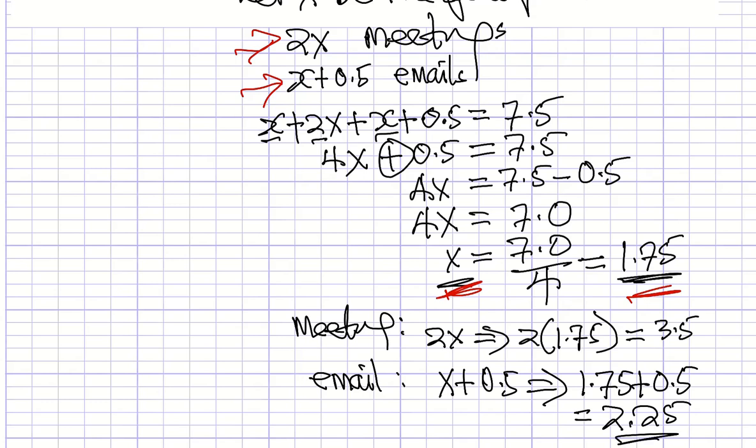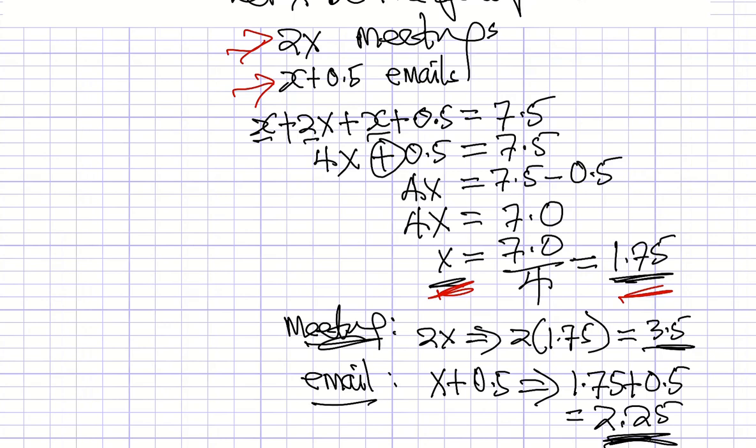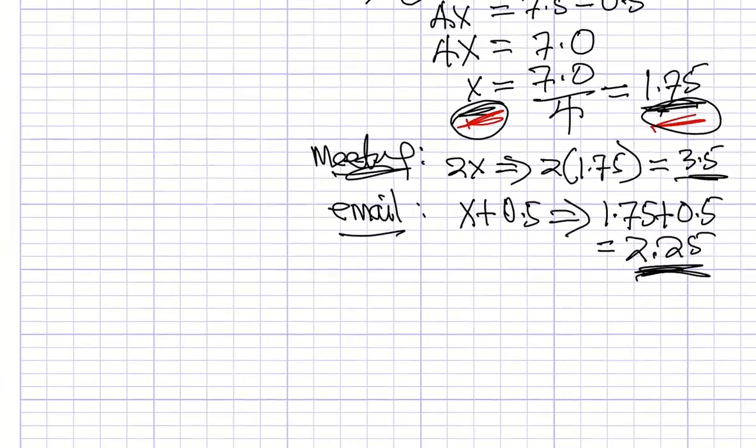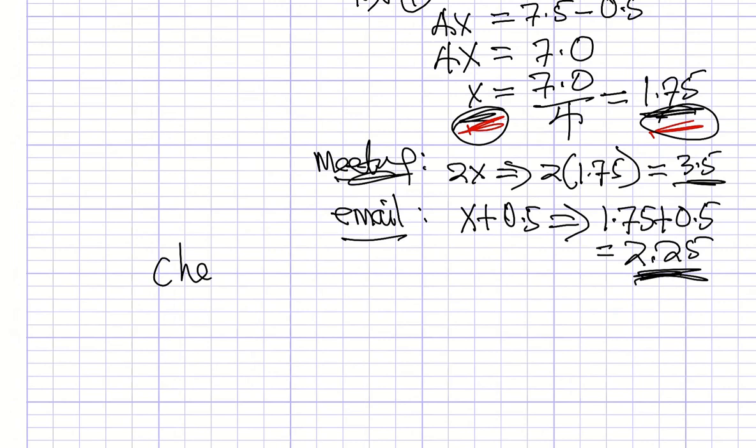That's what you get there. So basically, the email took that, the meeting took that, and this one is phone calls. Phone calls took that. But she had a total of 7.5. So the way you check it, will all of them add up to 7.5?